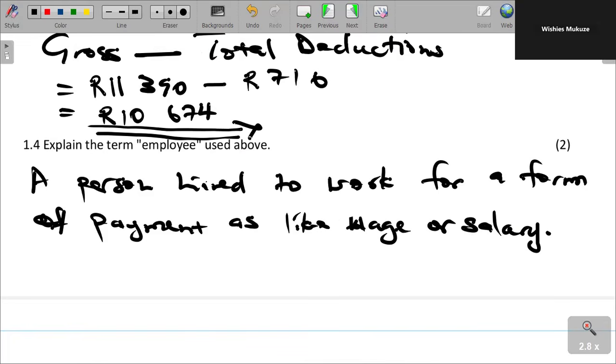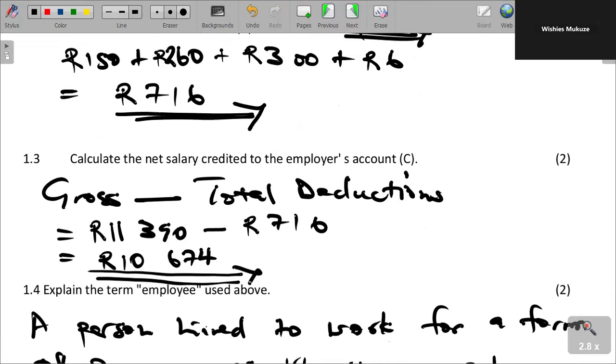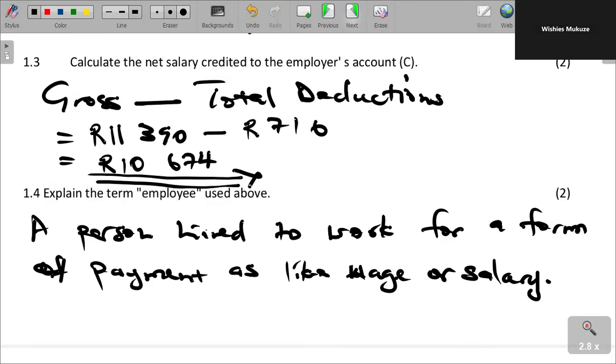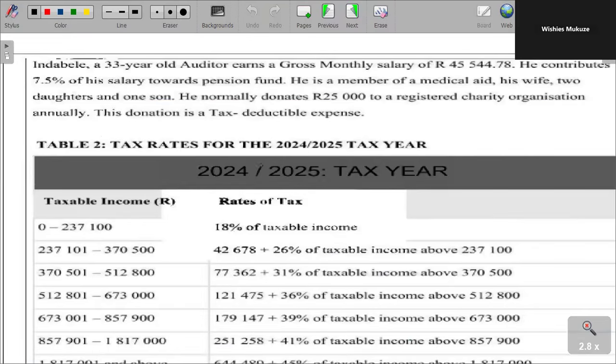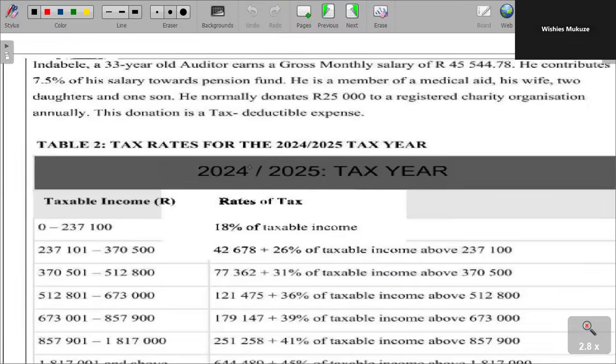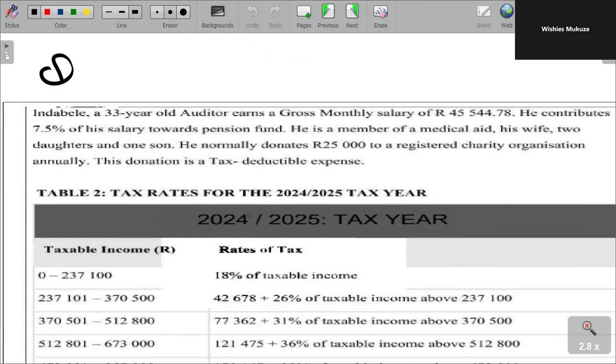And then our next question, question 2. We are given that in Tebele, a 33-year-old auditor earns a gross monthly salary of 45,544.